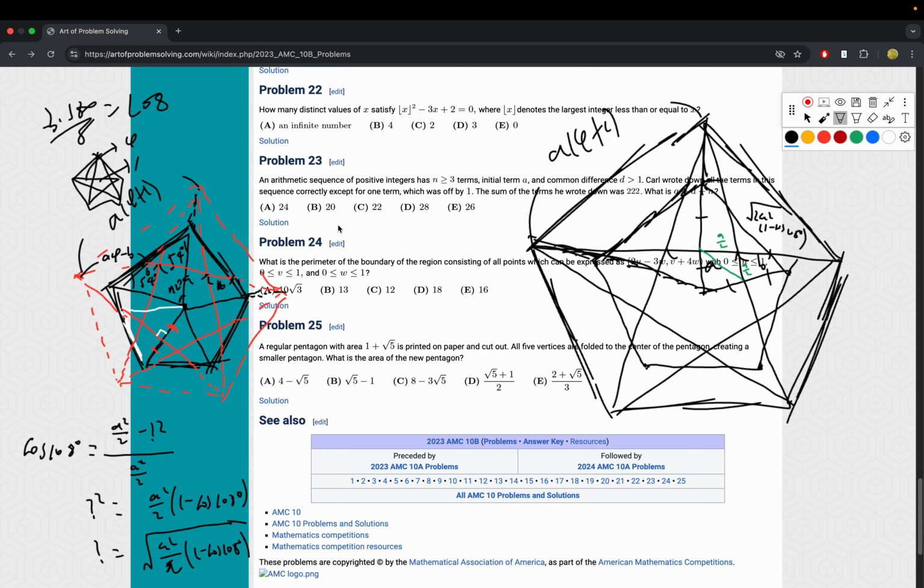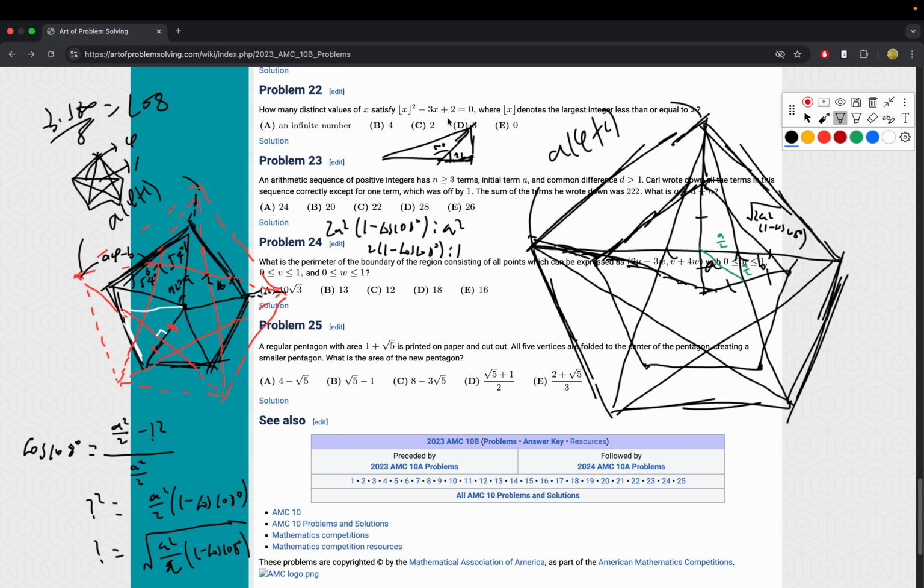So, the area ratio is 2a squared times 1 to a squared. So, the area ratio is 2 to 1. Let's calculate that. 108, 72.